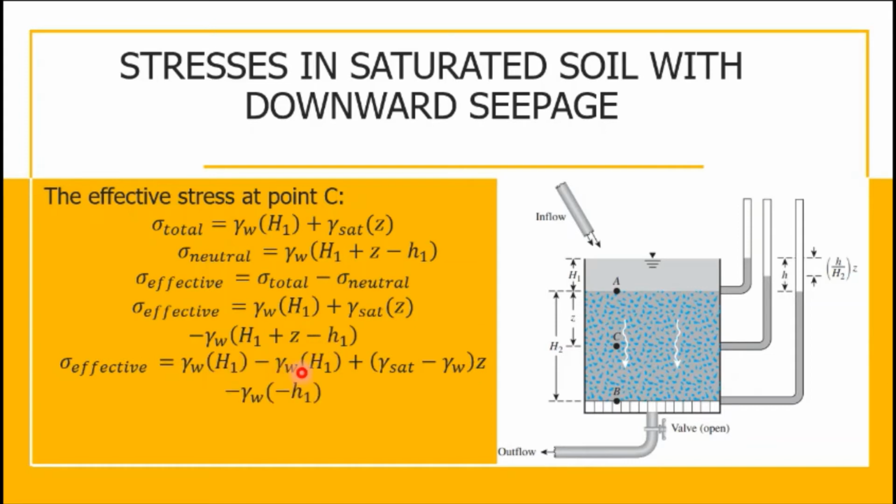The unit weight of water minus unit weight of water multiplied by H sub 1 plus the saturated unit weight minus unit weight of water times Z minus the unit weight of water multiplied by negative H sub 1. Then this will be 0. This will be the buoyant unit weight of the soil. Therefore, the effective stress is equal to buoyant unit weight times Z plus unit weight of water times H over H sub 2 multiplied by Z.